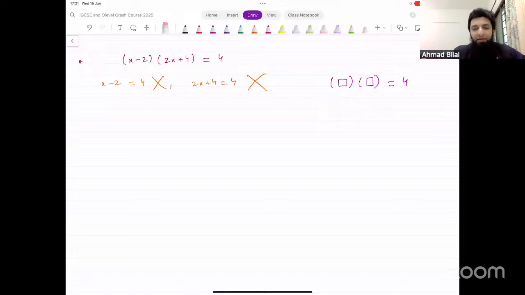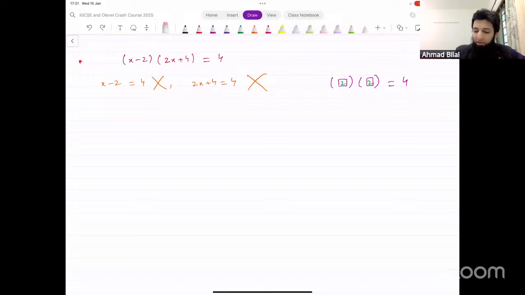Can we write two numbers in these boxes such that none of them is 4 and the product is still 4? There are many possibilities that we could have here. One simple example could be that we've got 2 and 2 here. None of them is 4, and the product is equal to 4. So it's not necessary that at least one of them has to be 4. We cannot do it like this.